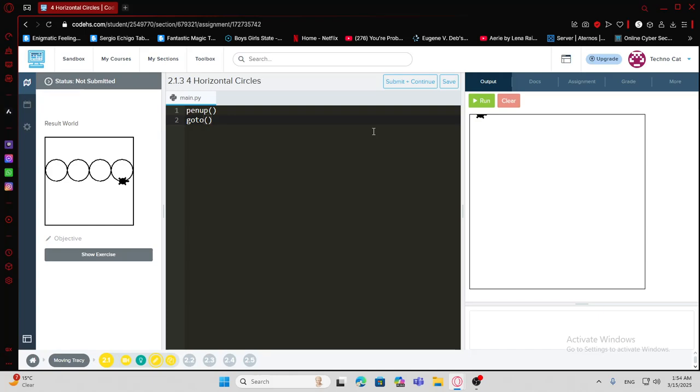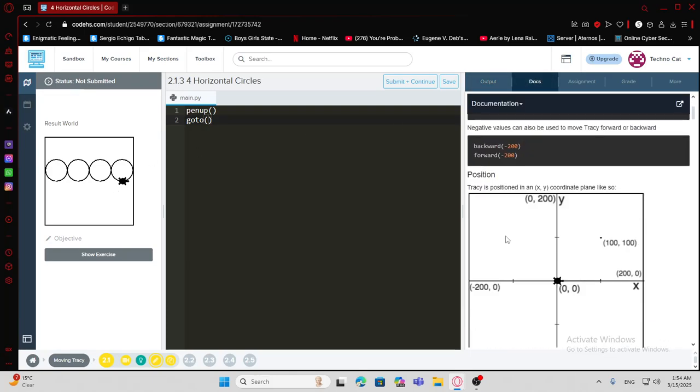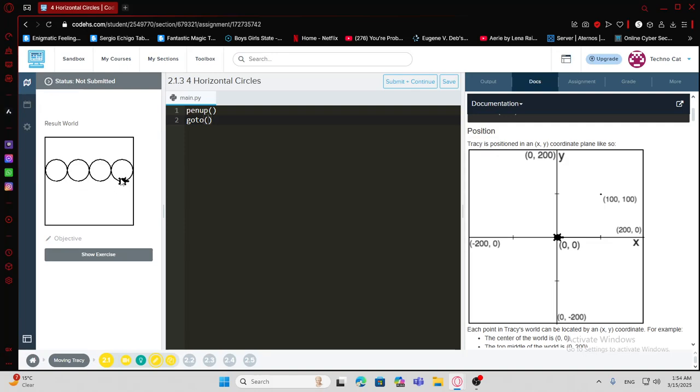So I'm just gonna set Tracy to go to this point, which if we look at our plane, we need 4 large circles that go from this end to the other end. What that means is that the circles are gonna have their midpoint, the middle of the circle, somewhere here. Which, if this is -200 and this is -150, this should be like -175.